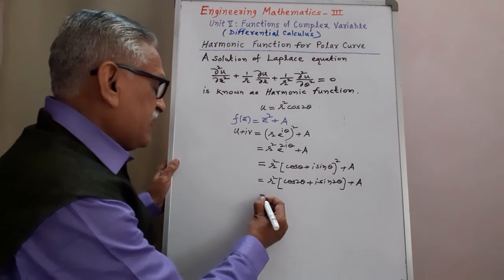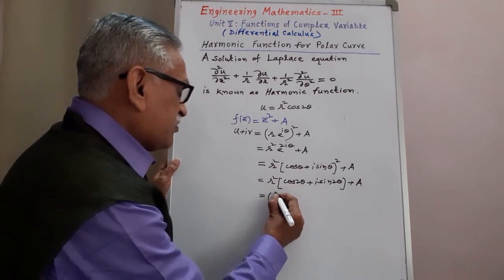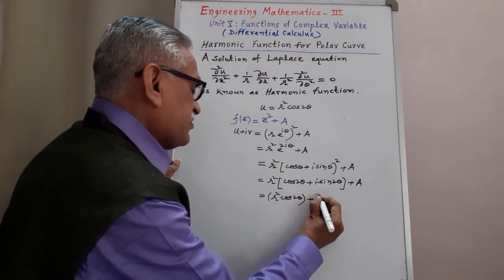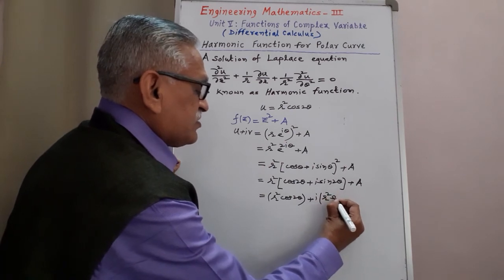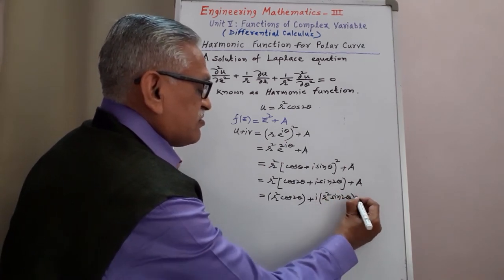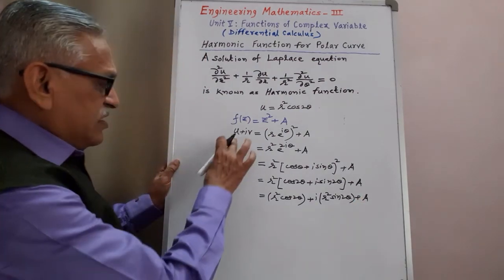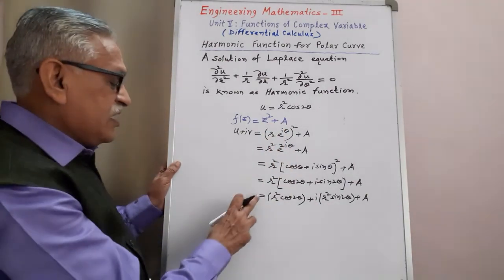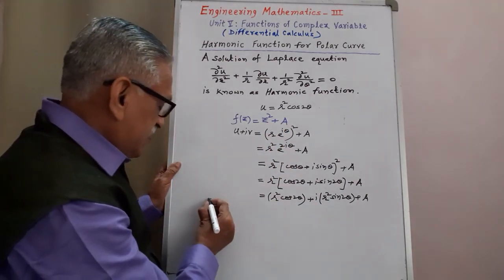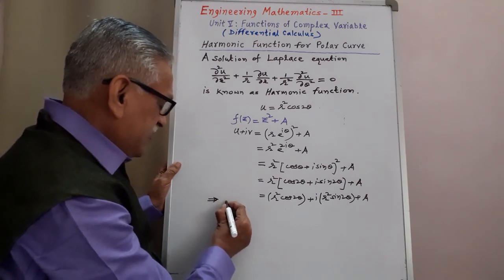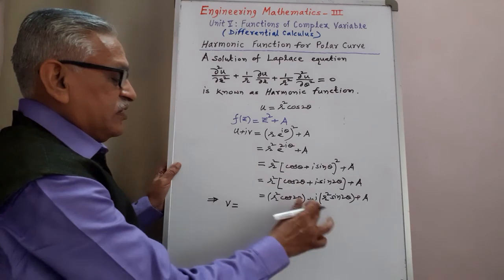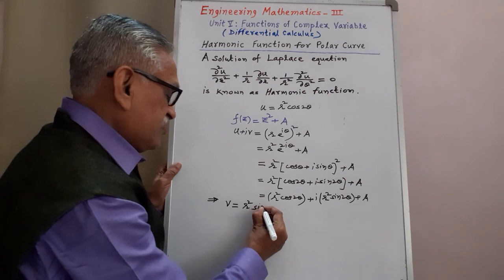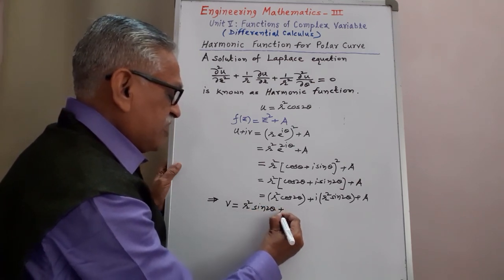Then separating the real and imaginary parts, the real part is r square cos 2 theta plus I times r square sin of 2 theta plus constant e. On the left hand side we have the complex number u plus iv, on the right hand side we have another complex number, and the sign of equality is there. Comparing, we get the imaginary part v is equal to the imaginary part of the right hand side, r square sin of 2 theta plus that constant e.